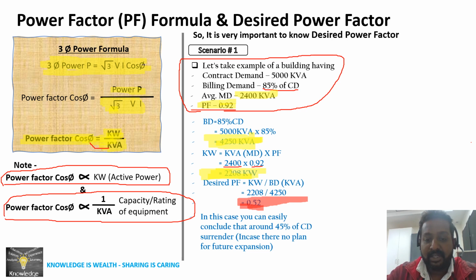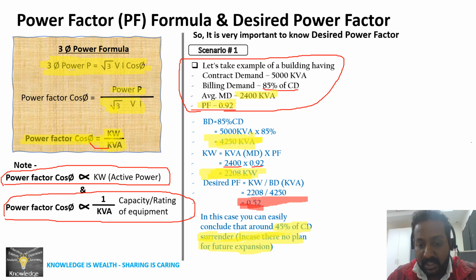So around 45% of contract demand can be withdrawn and surrendered back to BESCOM, in case no future expansion of that building has been planned, or there is no feasibility of expansion to that plant, or for the last couple of years the building demand has been constant and no future expansion is planned.